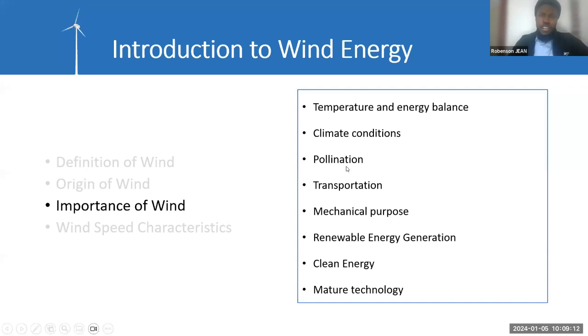Also, there are other reasons why wind is very important, such as pollination and transportation. We know that in ancient times, people used the wind to travel on the sea, and there are other purposes such as mechanical purposes, irrigation, and renewable energy generation.